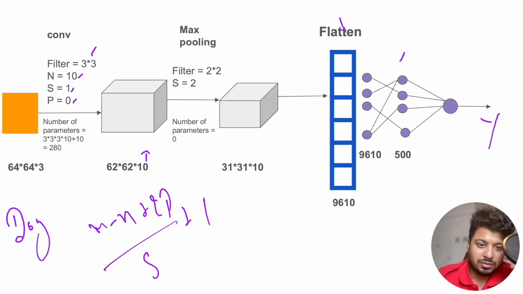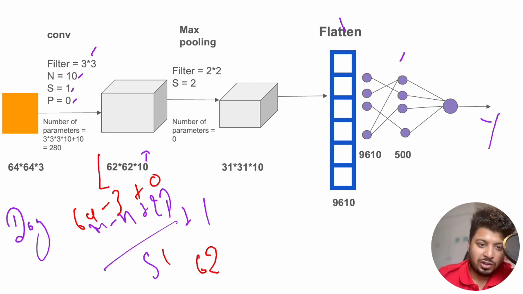Here m is 64, minus n which is 3 cross 3, the filter size, and p would be 0 because we are having padding as 0. Stride will be 1. So this will be our output here, 62.